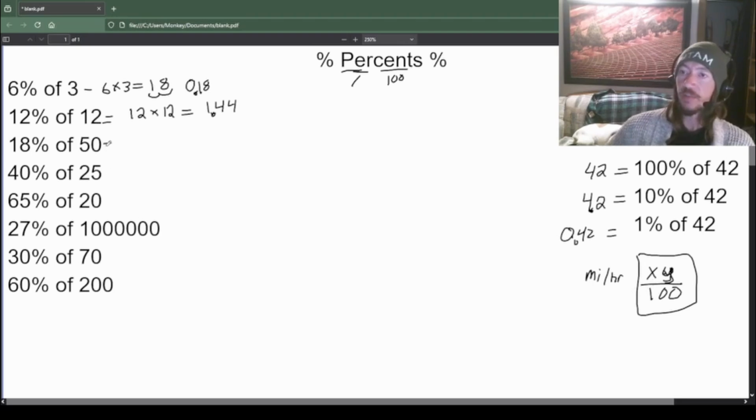So this is when that could be useful. Just looking at 18% of 50, oh, that seems hard off the top of my head. I don't know what 18% is. That's a weird number. But if I just change that around to 50% of 18, oh, all of a sudden that gets much easier. 50% is just half. Half of 18 is 9.